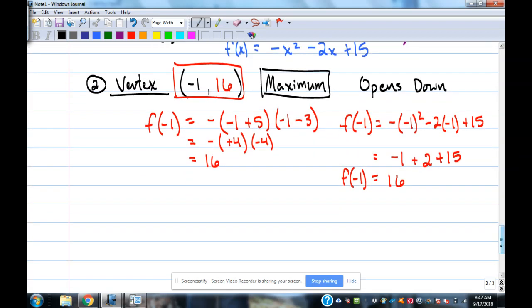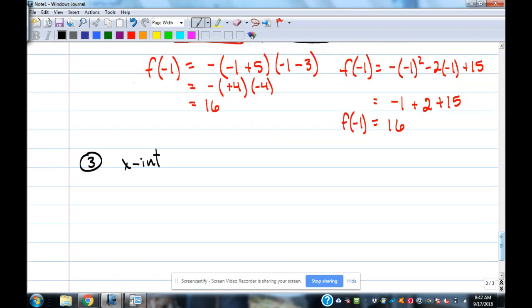Okay. All right. What's next? X intercepts. This thing is in intercept form, so that makes this part easier because it's already factored for you, right? If it's in intercept form, then all you got to do is take negative x plus 5 and x minus 3 and set it equal to 0. What does that mean we do?